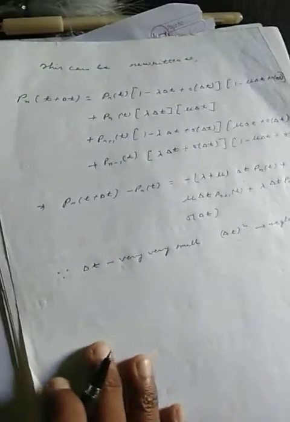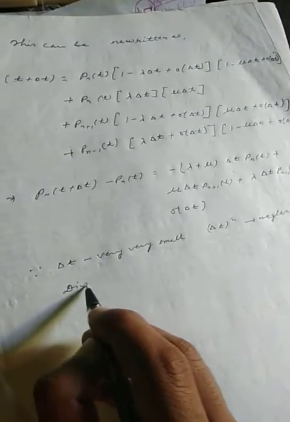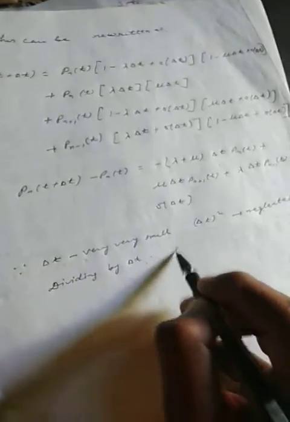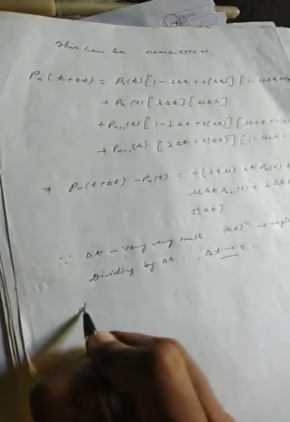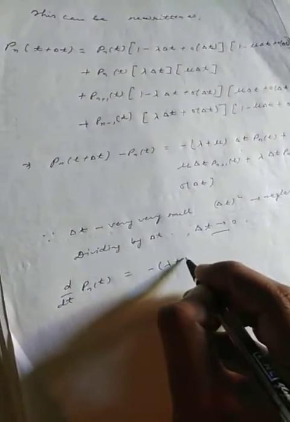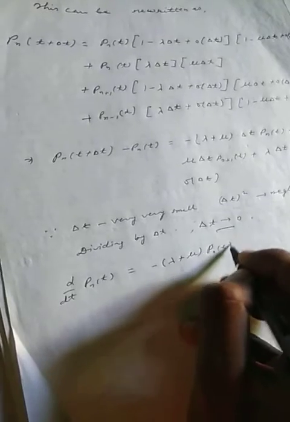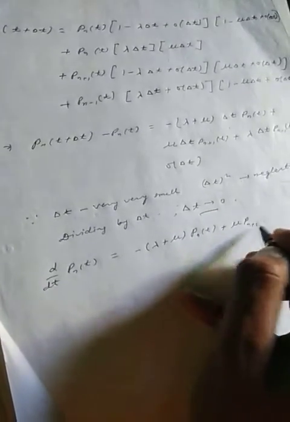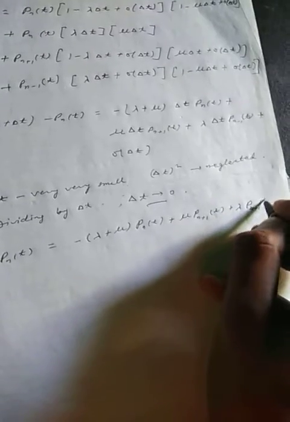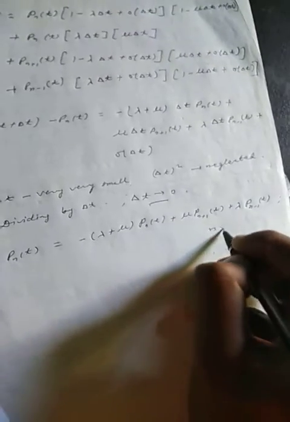Okay, and dividing the above equation by delta t and taking the limit as delta t tends to 0, we get d/dt of Pn(t) is nothing but minus (lambda plus mu) times Pn(t) plus mu times Pn+1(t) plus lambda times Pn-1(t), where n is greater than or equal to 1.